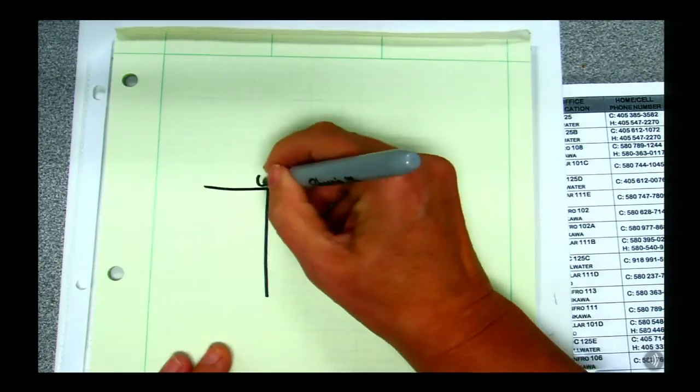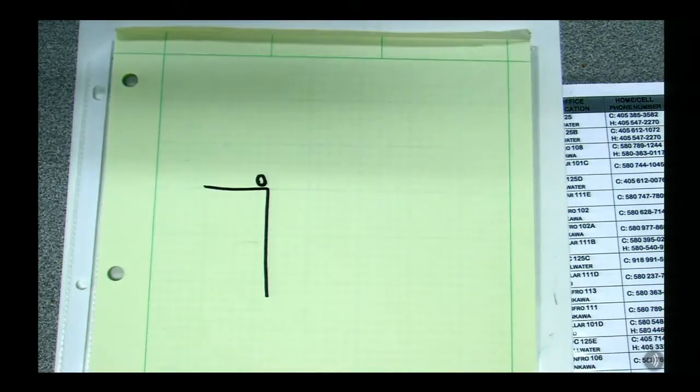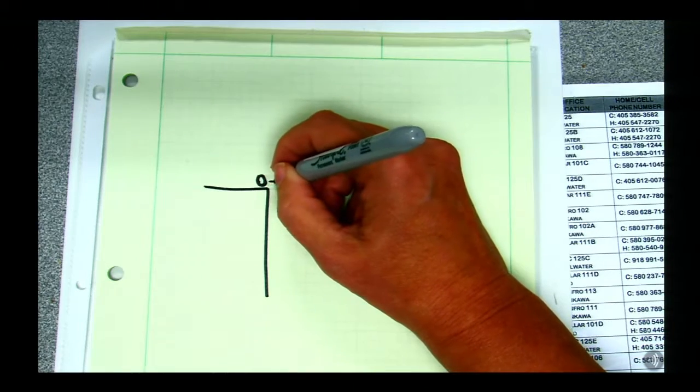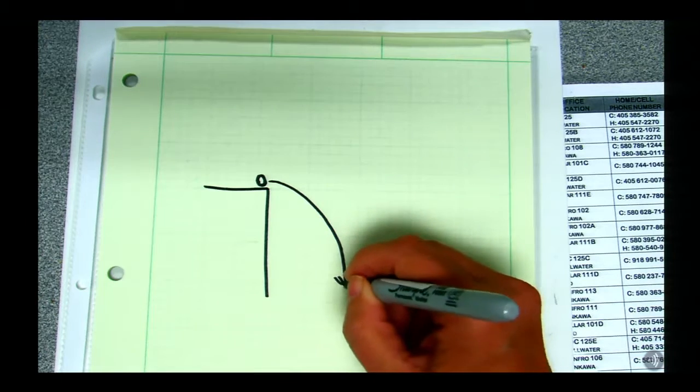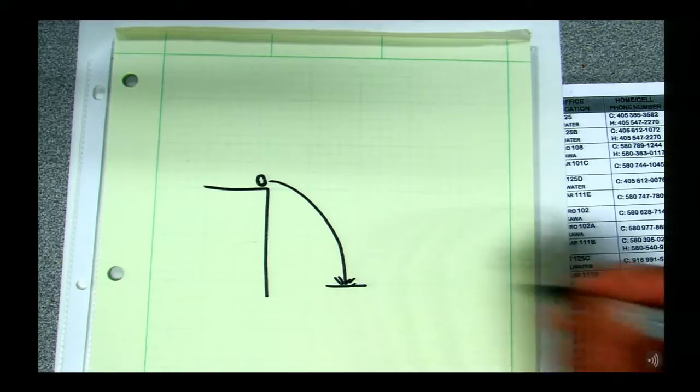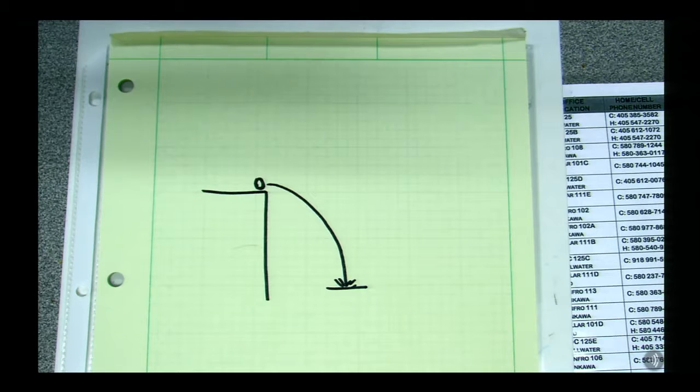I'm going to roll a can off the tabletop. We know that my can, if I roll it off the tabletop, is going to follow that kind of path, right? We know that. We've done it.